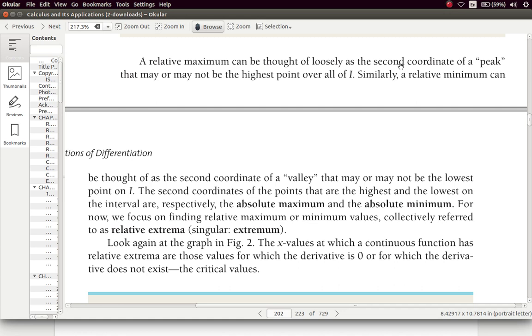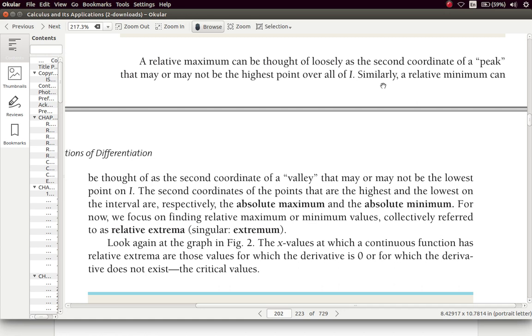The y coordinate of a peak, you're going up to a highest point and then go down, but that may not be the highest point when you consider all of the curve, right? It may or may not be the highest point. So it's relative or local.